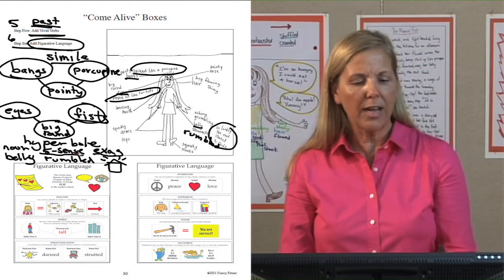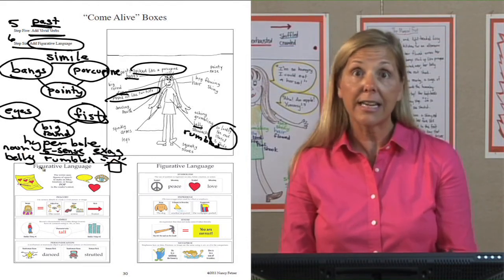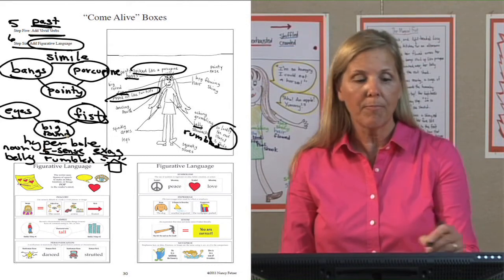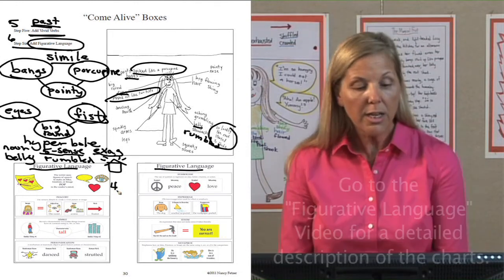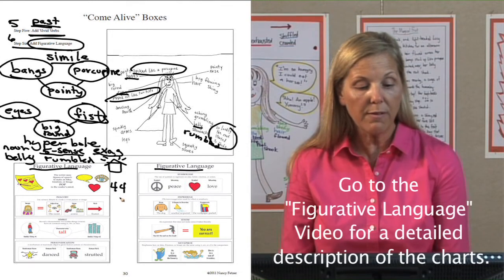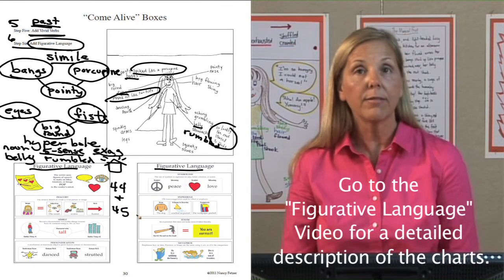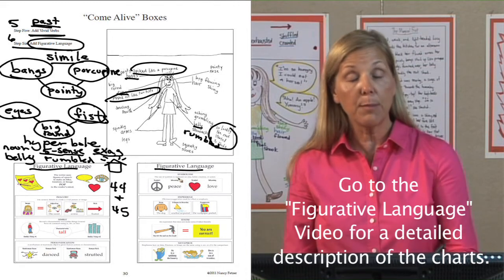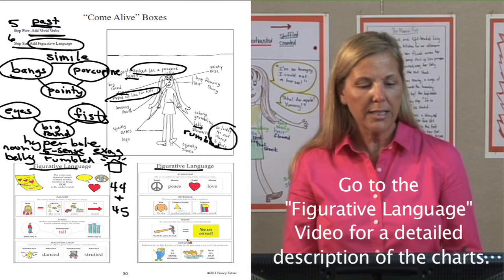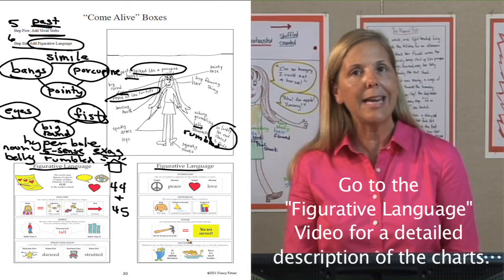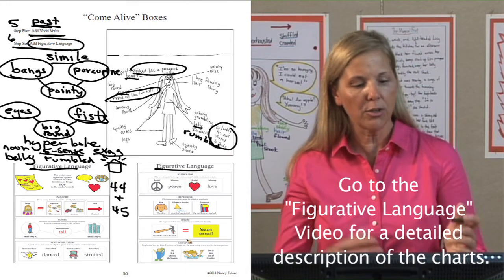I put noun, 5 senses, exaggerate, a technique in order to create hyperbole. Those techniques are on my figurative language charts. These charts can be found on pages 44 and 45. They display different types of figurative language. It gives a descriptor of what the figurative language is, as well as the technique in order to help students create the figurative language.